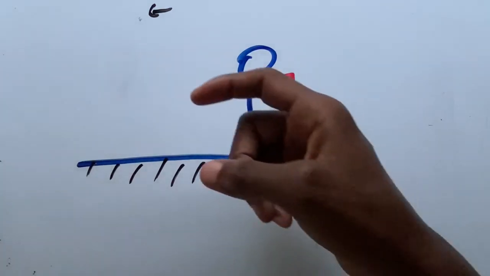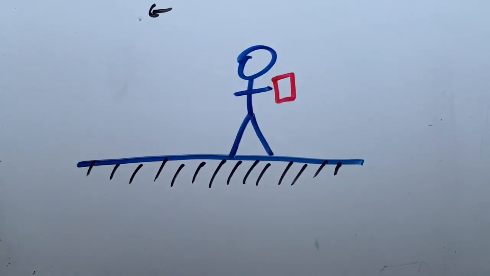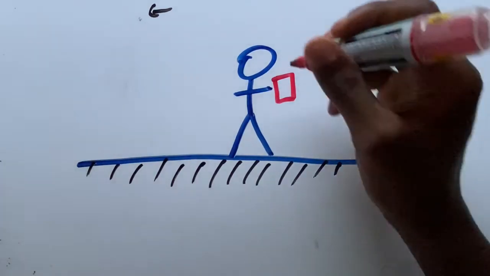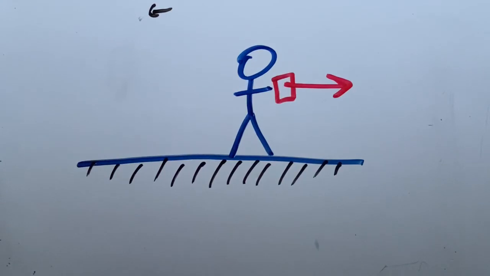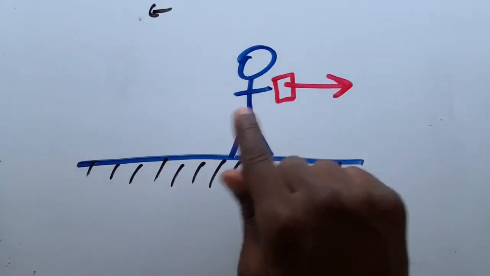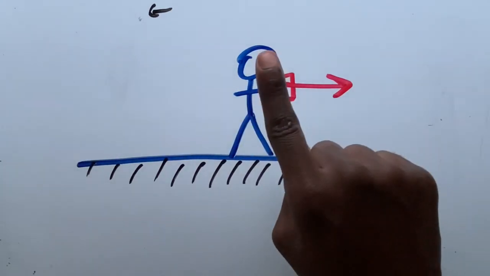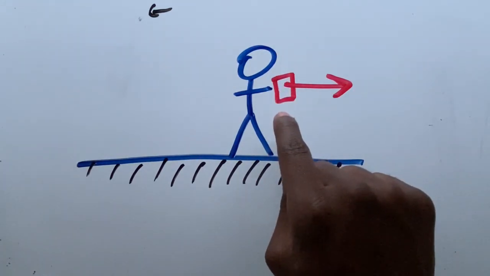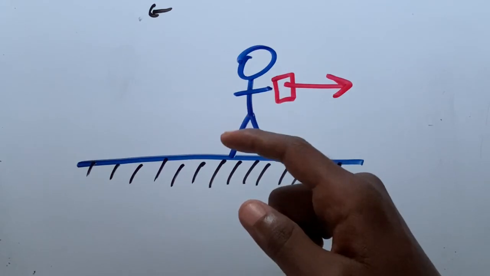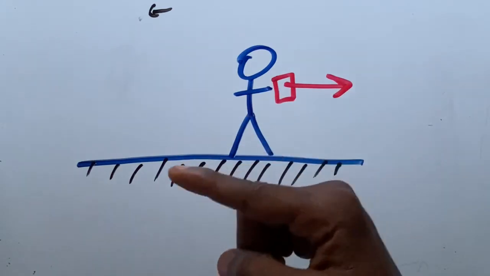So if you want to go towards the left, you can actually throw this brick to the right. If you throw it this way, all right? And so you throwing this brick, that's basically one interaction, right? And so there must be an equal opposite force pointing in the opposite direction, right?